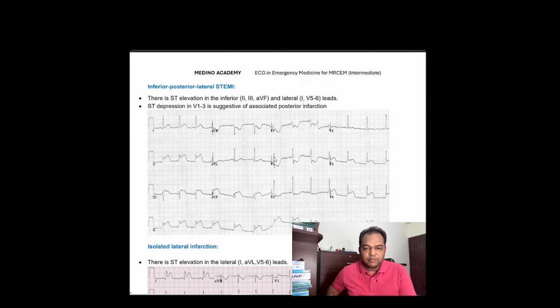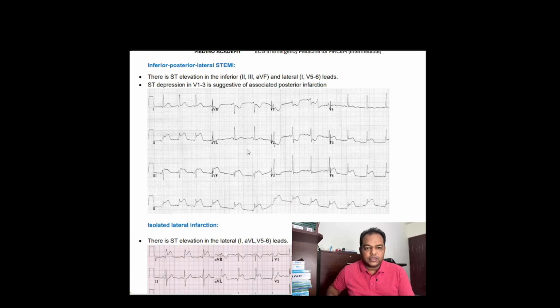The posterior infarction is represented by ST depression and upright R wave in V1 and V2. And lateral MI is represented here by ST elevation in lead V5 and V6. So this is inferior posterior lateral STEMI.